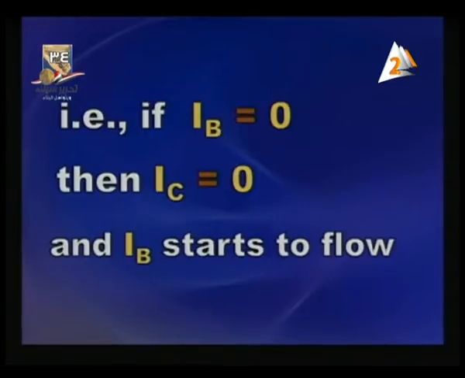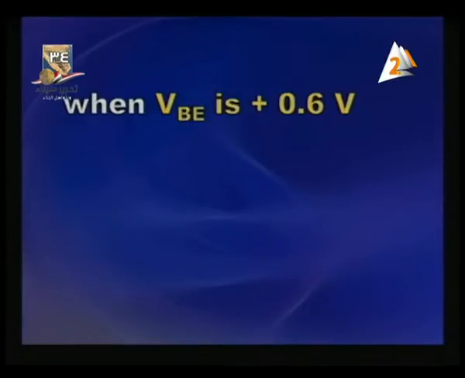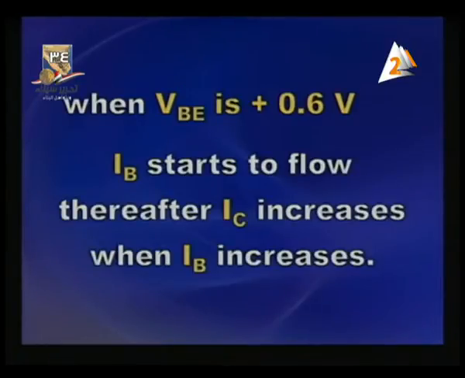And when the potential across base emitter VBE is about positive 0.6 volts, I base starts to flow, thereafter I collector increases when the current of the base increases.